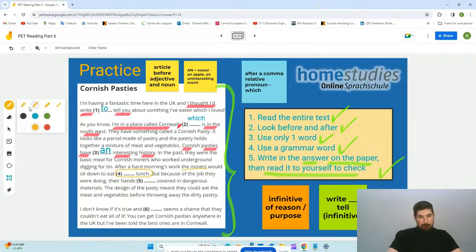Right. Now, more clues for number 5. Looking at the tense, worked, were is past tense, isn't it? Now, Luis, check your spelling there. The clue is actually in the text. Luis, we're talking in the past.